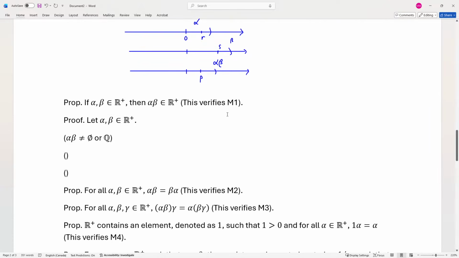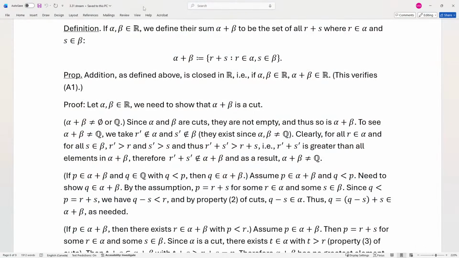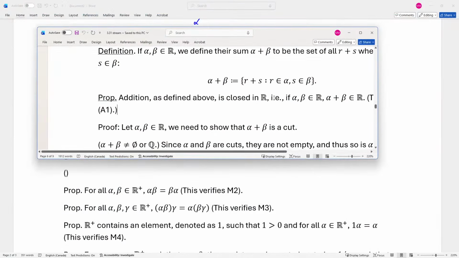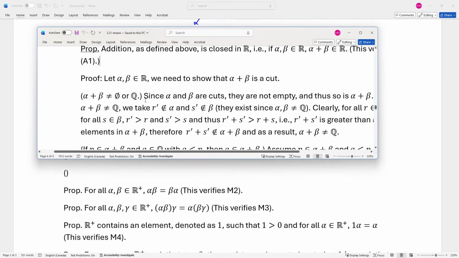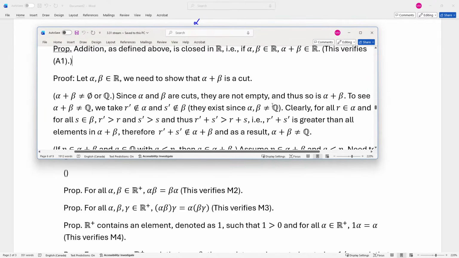How do we prove that the product is not empty or the whole of the rationals? Let's see if anything we've done earlier can be imported. We wrote, since alpha and beta are cuts, they're not empty.